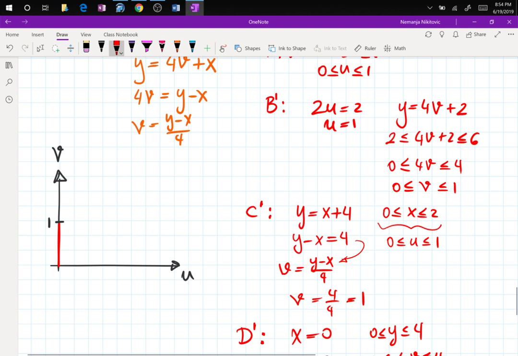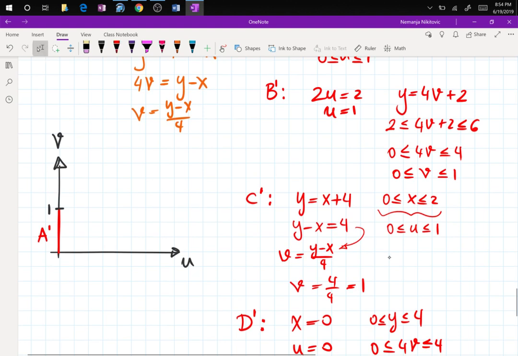So this is your A prime. And then B prime, your u is always 1, and you go 0. U is equal to 1 and v is 0 to 1.